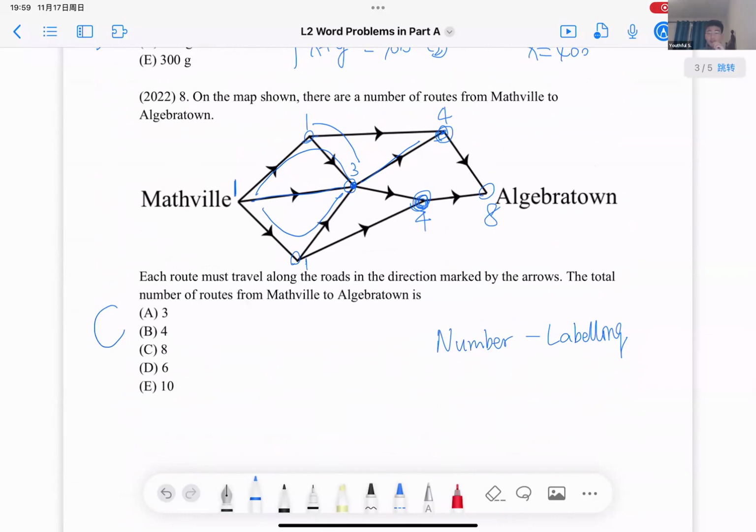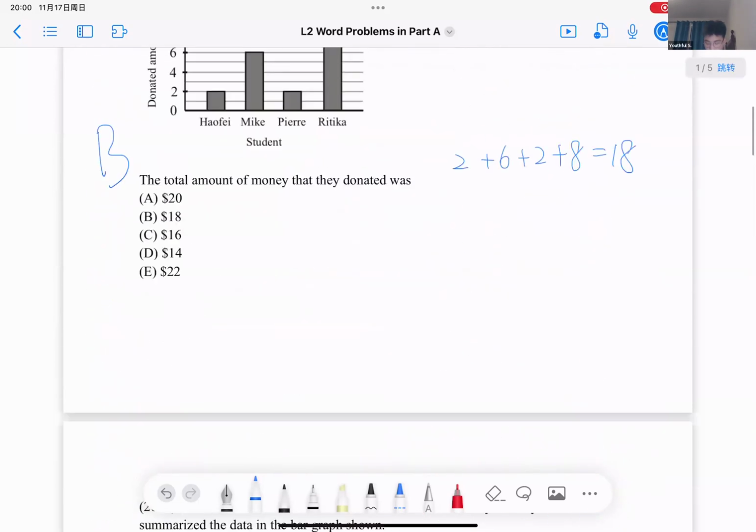I'm also going to include some of those number labeling questions. I'm going to make some of the questions on my own in the homework, so you guys can practice it more. Okay, so that's our class for today.